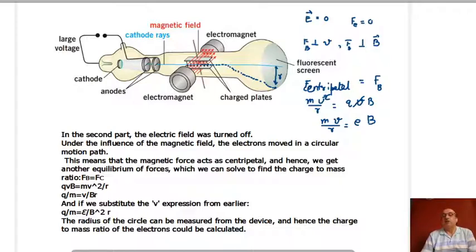At the same time, we know the value of v from the velocity selector equation, v equal to E by B. So e by m is equal to capital E upon r B square.